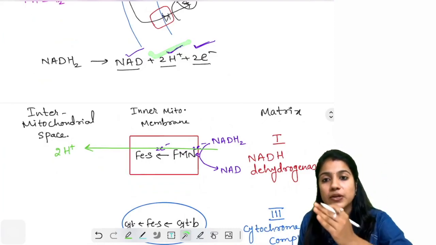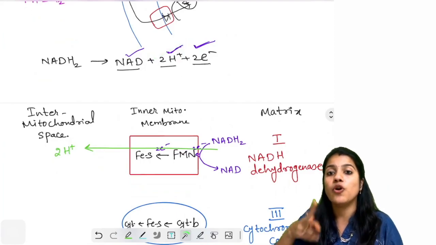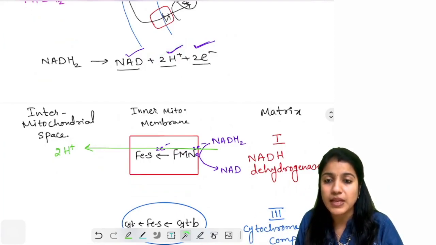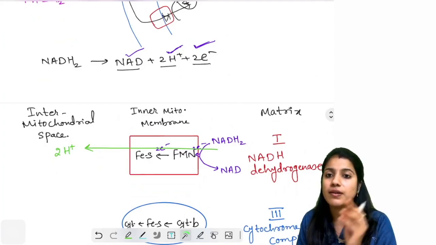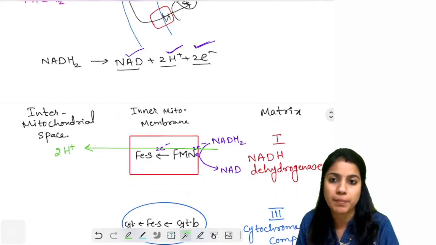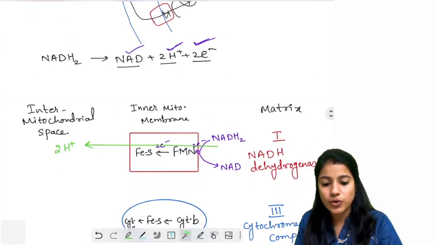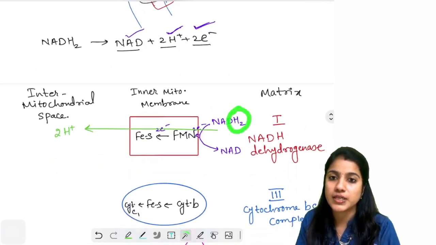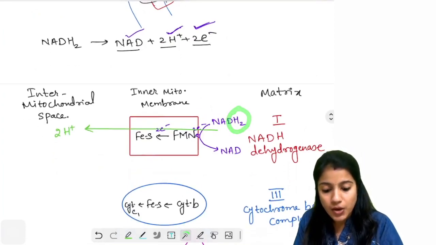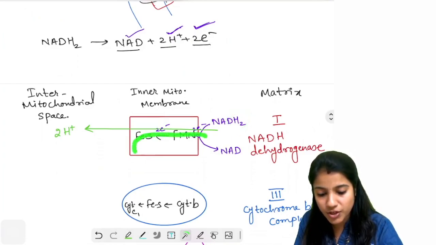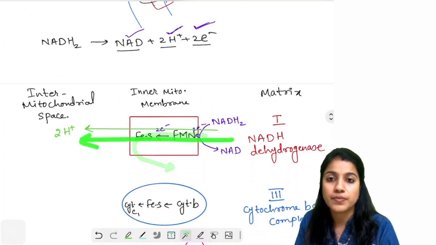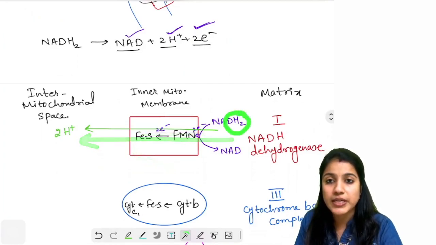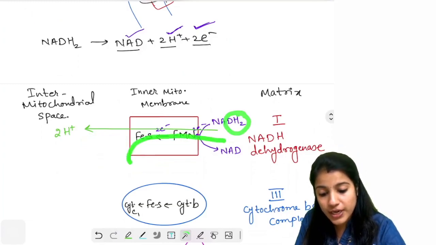Now, during electron transport, 2 more protons will get pumped. Remember, whenever there is transport of electrons, pumping will be there. So 2 electrons came directly from NADH2. Now, when the electron is transporting from here to here, 2 more protons will get pumped. So 2 came from NADH2, and 2 more got pumped due to the electron transport.